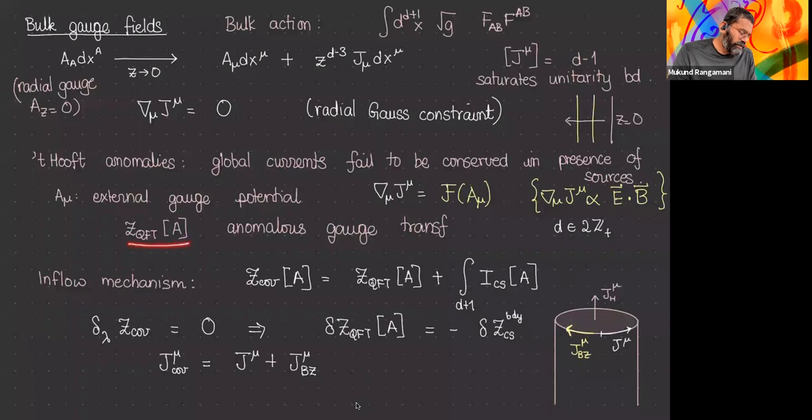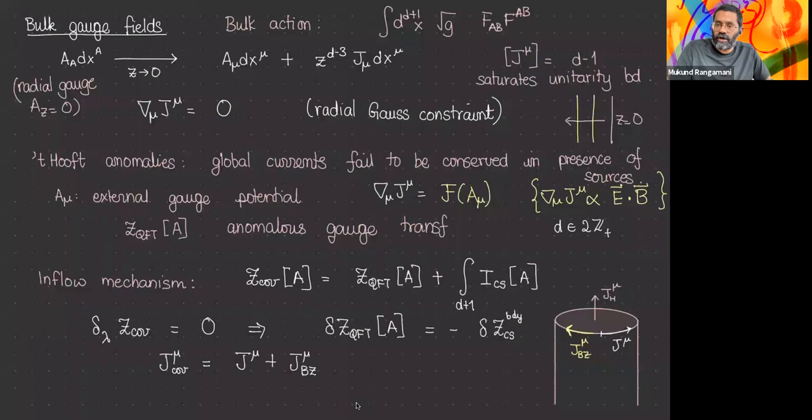Alternately, if we are trying to compute this generating function for the current correlator as a functional of the boundary value of the gauge potential, that would not transform covariantly under gauge transformations. It will have an anomalous gauge transformation. But there's a combination of it and a bulk Chern-Simons term, which transforms covariantly under gauge transformations.